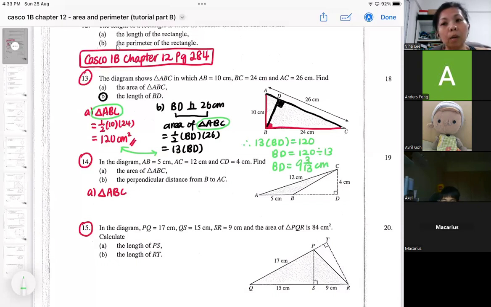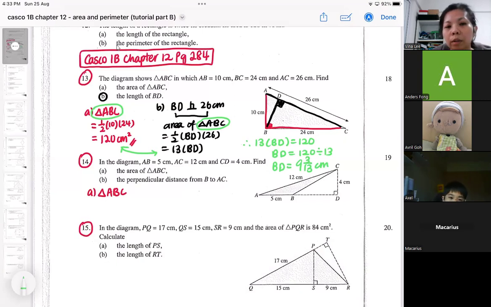So we are looking for the 90 degrees. The first 90 degrees is on 10 and 24, so that's how you find your usual area. But because there's another 90 degrees, BD and 26 are perpendicular, I can use BD and 26 to calculate the same area, the same triangle.